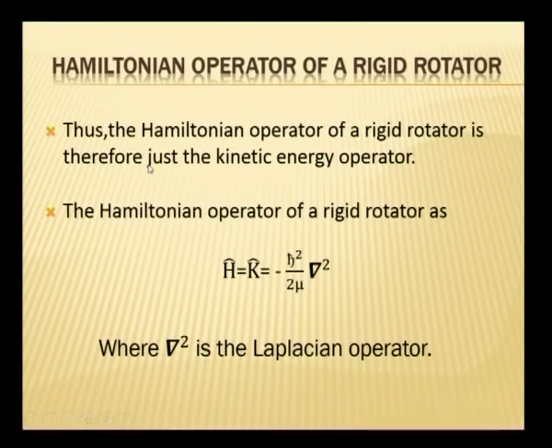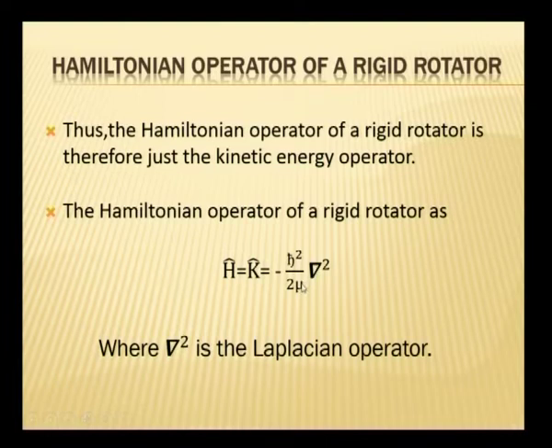Thus, the Hamiltonian operator of a rigid rotator is just the kinetic energy operator. You write the Hamiltonian as T plus V, here there is no V. So, you will have only T, and T, the kinetic energy operator, is h bar square by 2m into del square, where del square is the Laplacian operator. Instead of m, you have mu, the reduced mass.